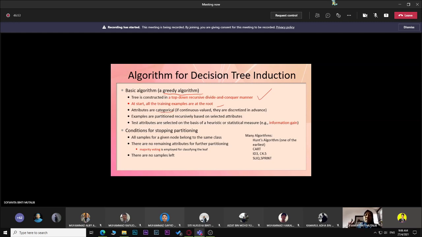If not, meaning the attribute is presented in numeric form, it will be transformed into nominal, through discretization, binning, and so forth. Understand? Okay, so based on the categorical values just now, the data set will again be partitioned, by looking at how it is created based on the values of each attribute.